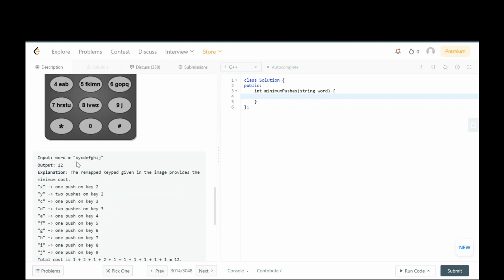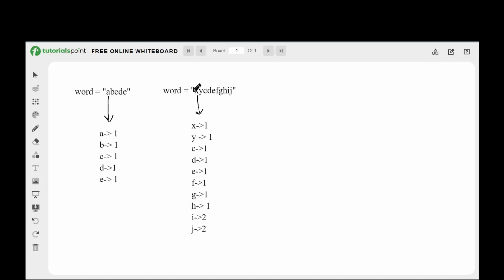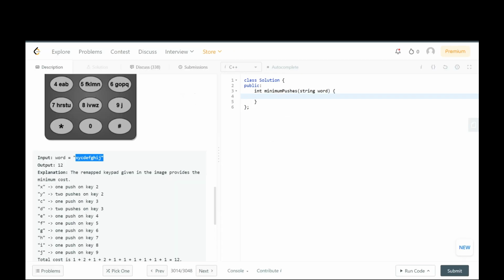For example, let us say that we have this particular example: X, Y, C, D, E, F, G, H, I, J, right? So what is the minimum number of letters that can be mapped to numbers? That is 8, right? So 8 letters can be mapped at the first position, simultaneously 8 at the second position of every digit, and simultaneously 8 letters in the third position of every digit.